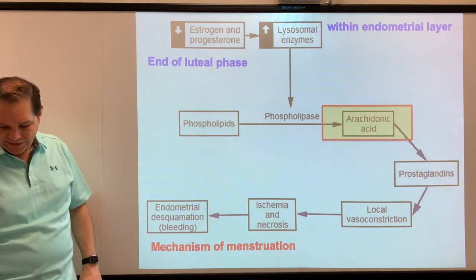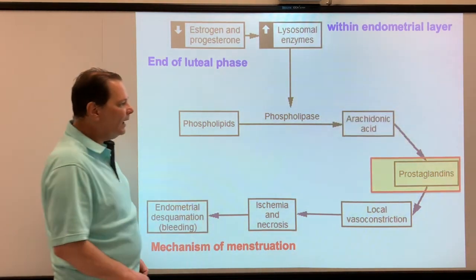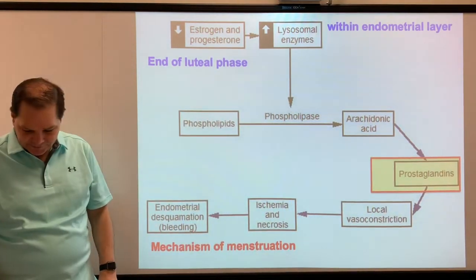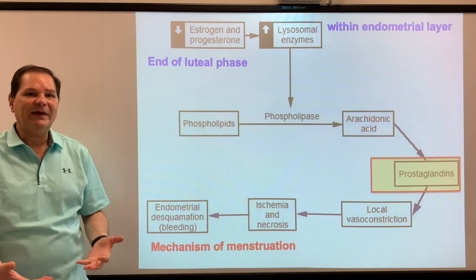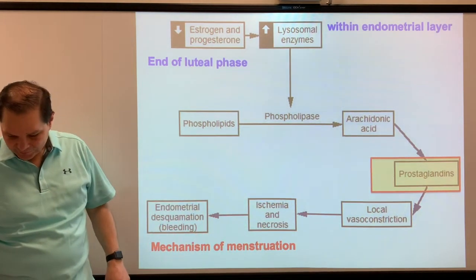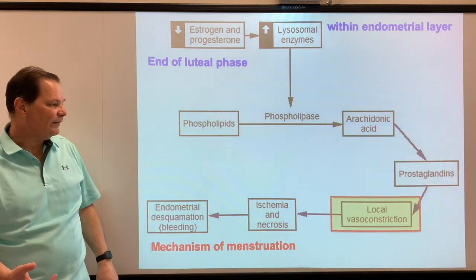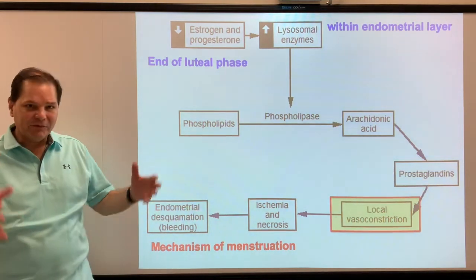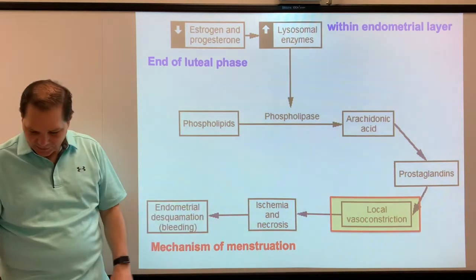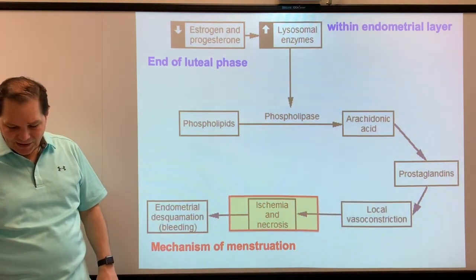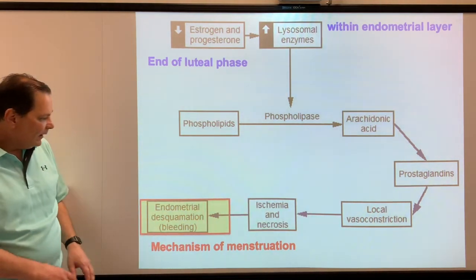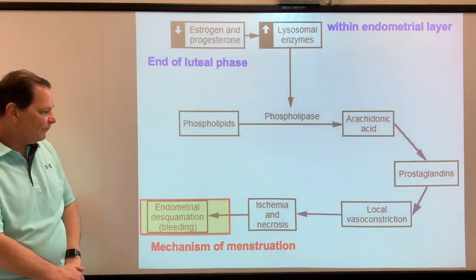The arachidonic acid stimulates prostaglandins, and in this case, as opposed to the prostaglandins that are involved in ovulation, the prostaglandins here cause local vasoconstriction, and of course, with no vascular supply, the cells become ischemic and die, and necrosis takes place, and the endometrial layer sloughs off, and bleeding takes place.